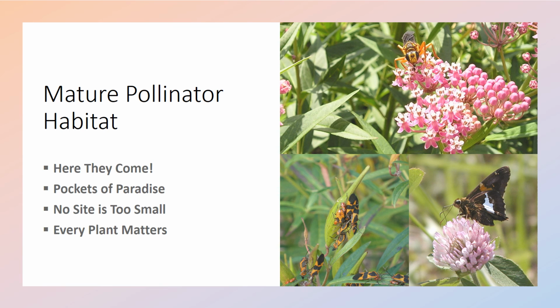So every one of these habitats that you put in is important and crucial because they form corridors for these insects and birds and whatnot to be able to move between as part of their migration pattern. So no site is too small, even if it's 5 square feet, 10 square feet in your front or backyard. Put it in.